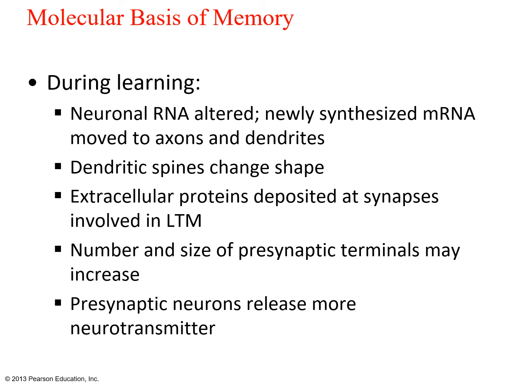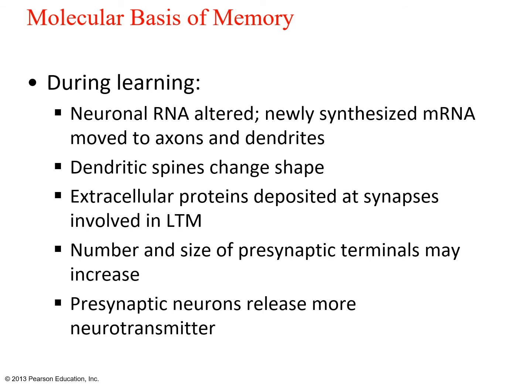Okay, during learning, you actually have literal changes both to the molecules within and the molecules outside of neurons, and you're also going to get changes in the shapes of the neurons. So basically the RNA that's in the neuron gets altered, and you'll have newly synthesized mRNA which moves to axons and dendrites. And if you'll recall, mRNA is a transcript for the production of proteins.